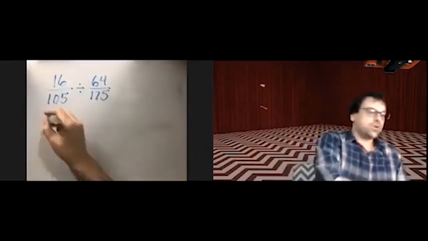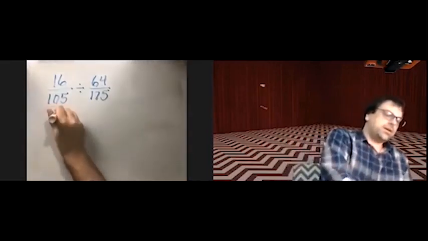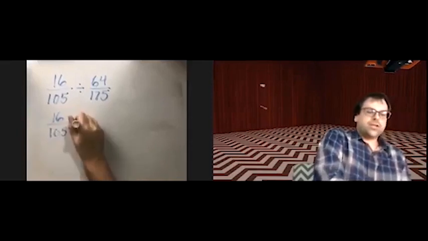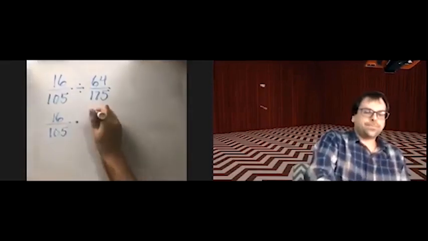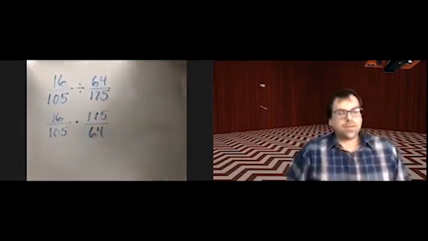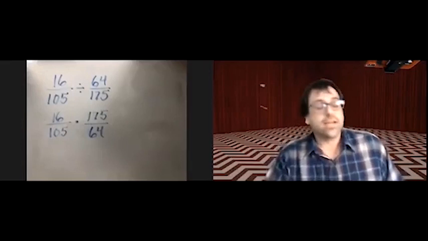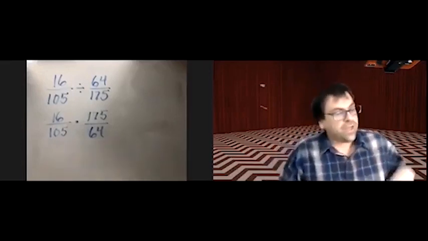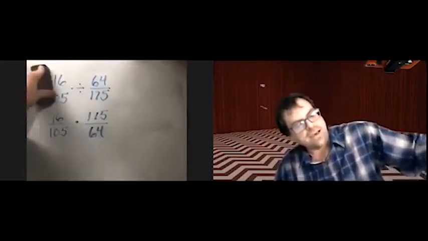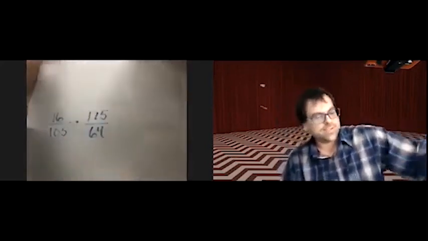But we turn division problems into multiplication. Keep. Change. Flip. The problem we're actually going to be working on is 16 1/105ths times 175 64ths.